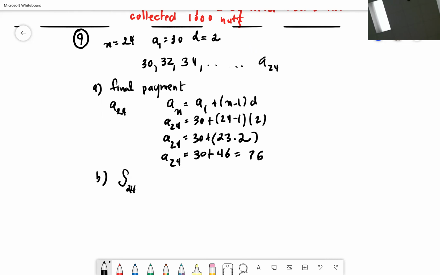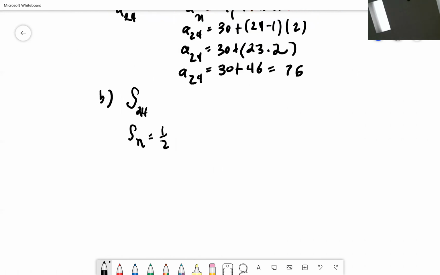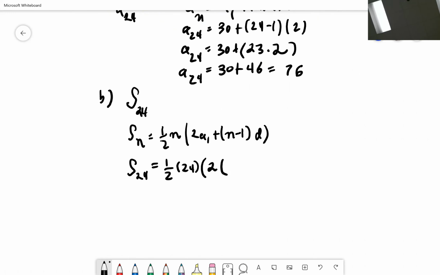Now, it's instructive for me to write the formula down first. So S of n equals half n times twice a sub 1 plus n minus 1 times d. So S of 24 is half times 24 times twice the first term, which is 30, plus 24 minus 1 times the common difference, which is 2, I believe.